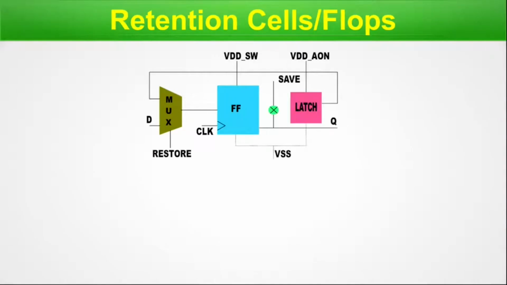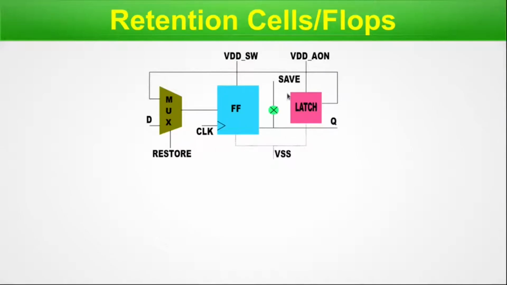Retention cells and flops. So here, let me bring my mouse pointer. This is the structure of a retention cell. And here, the two most important signals are save and restore. So what does this entire setup do? It stores the last state.